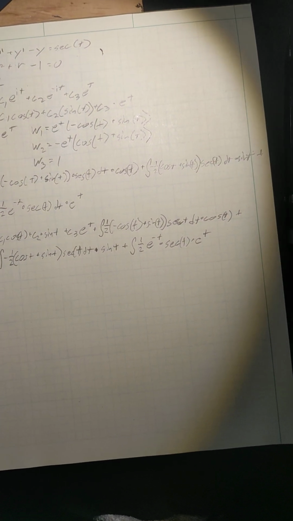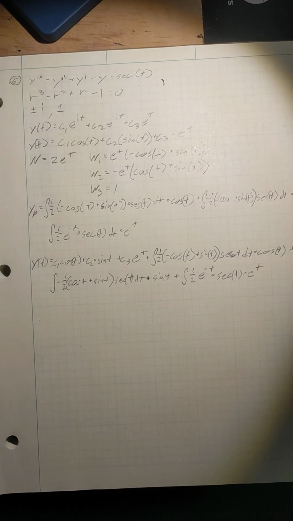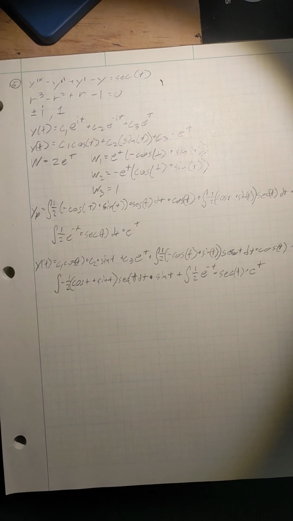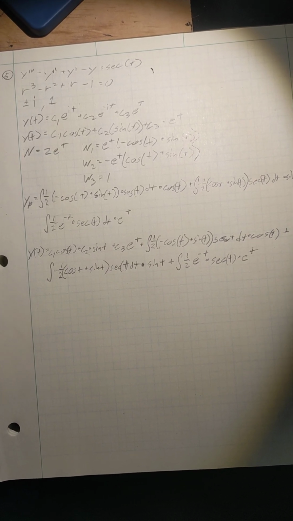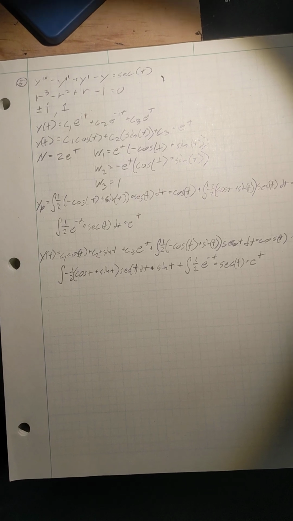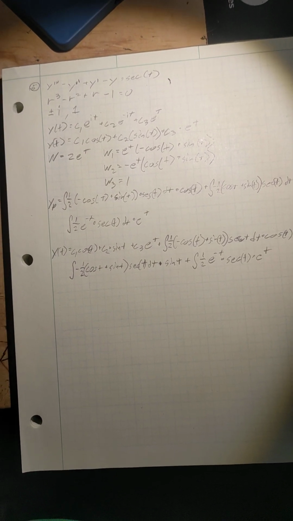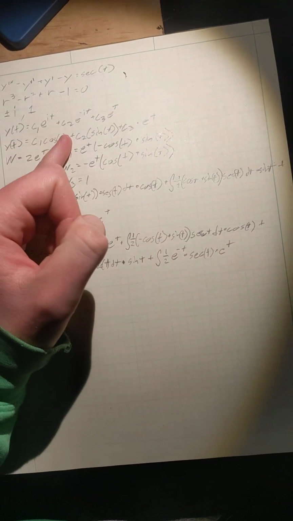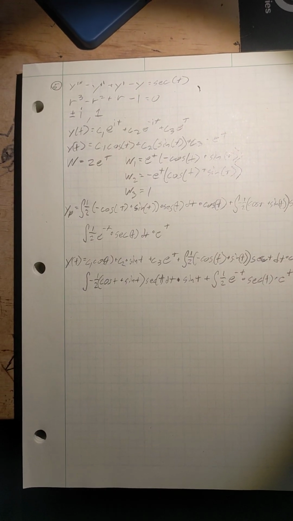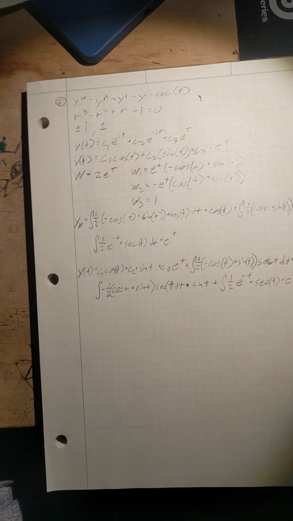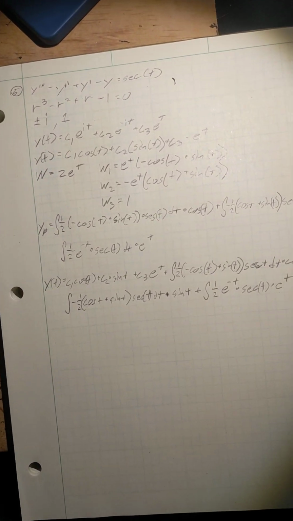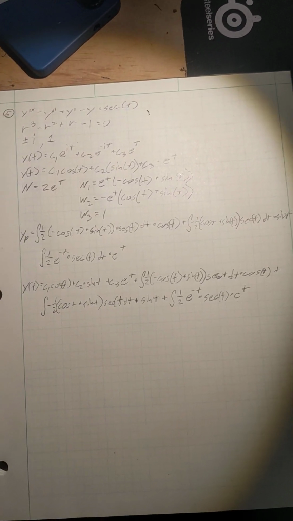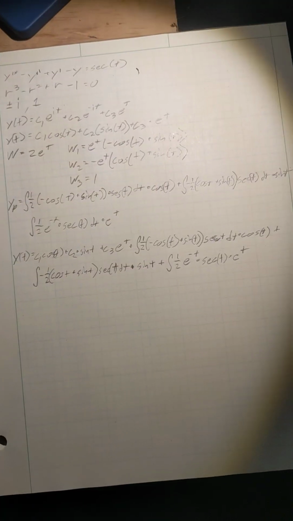And so you wind up with this whole solution here: C1 cosine t plus C2 sine t plus C3 e to the t plus the integral of 1/2 times negative cosine t plus sine of t, all in parentheses, times secant t dt, times cosine of t, where cosine of t is y1, plus the integral of 1/2 cosine t plus sine of t times secant t dt times sine t, plus the integral of 1/2 e to the negative t times secant t dt times e to the t.